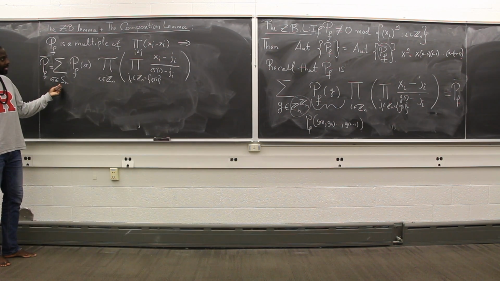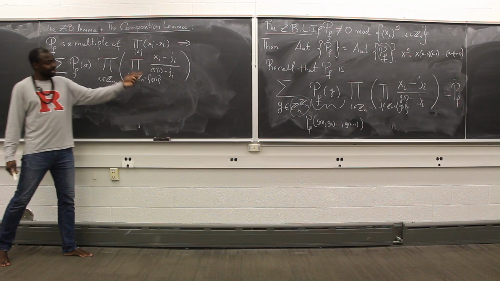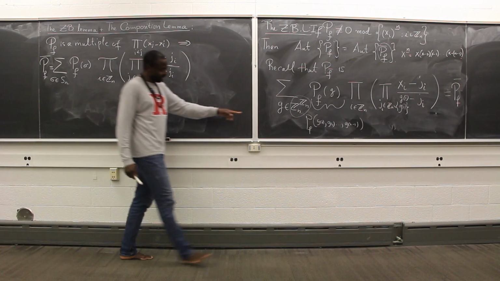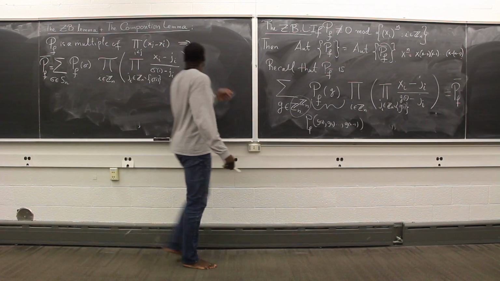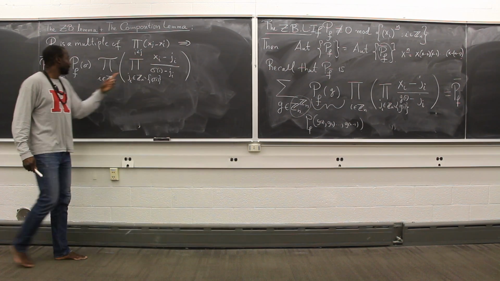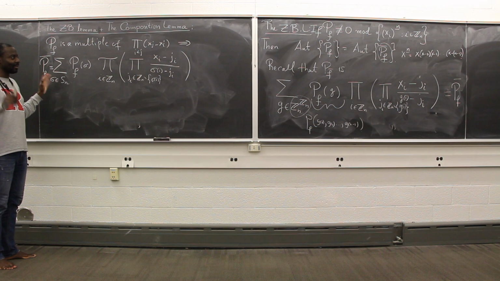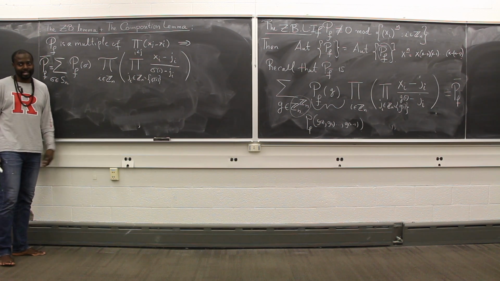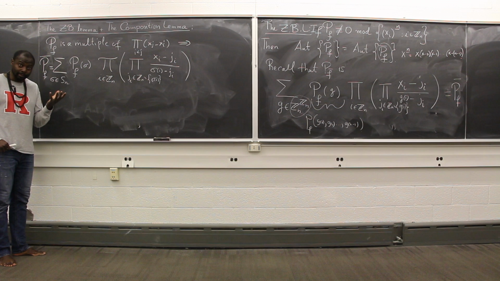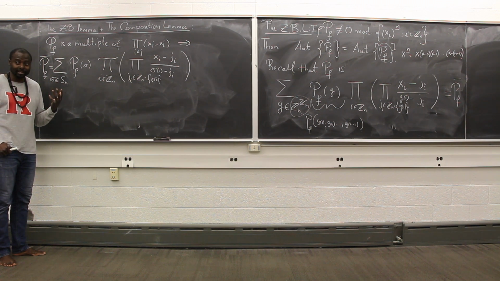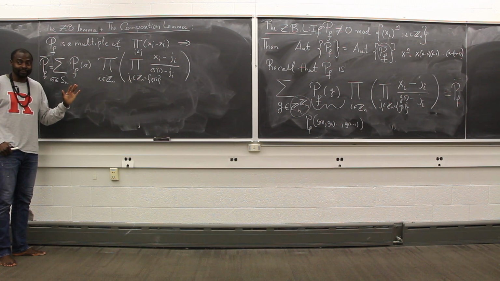The reason is, every time the evaluation repeats, this thing is going to be 0, therefore PF of the thing will be 0. So the only non-zero terms can occur over Sn, and Sn is a group, so that's going to be useful for us. All right? So far, so good?